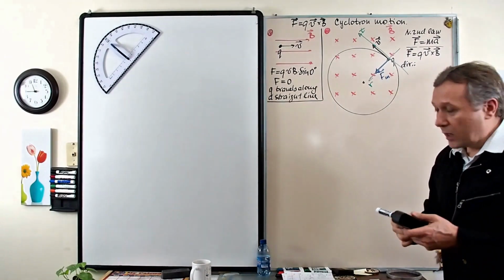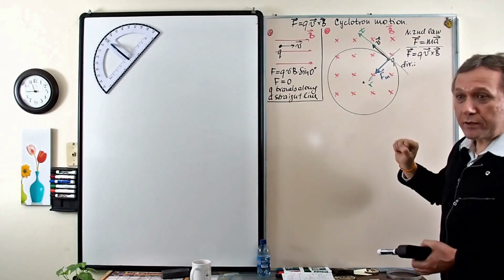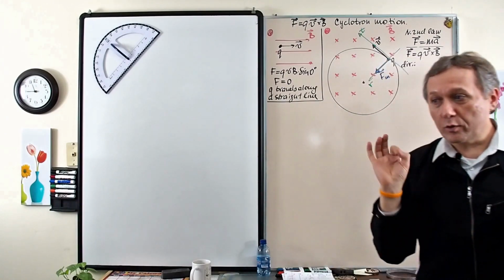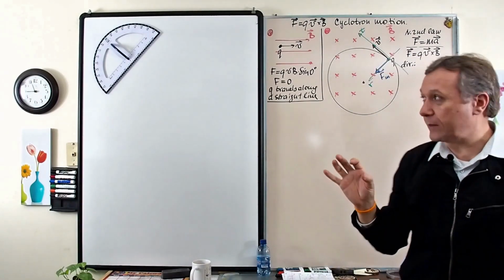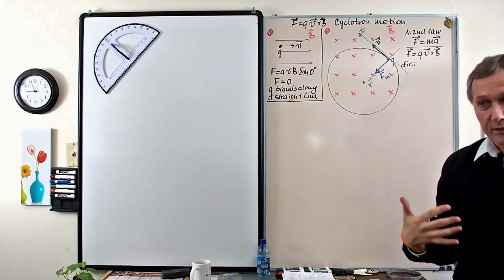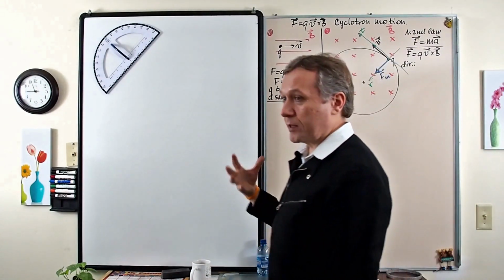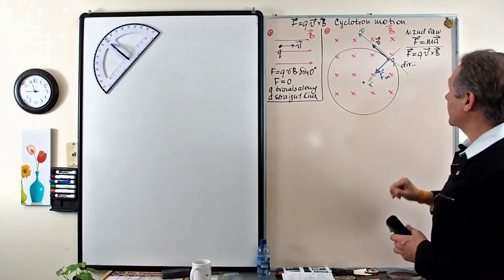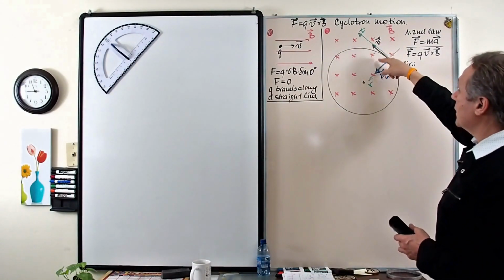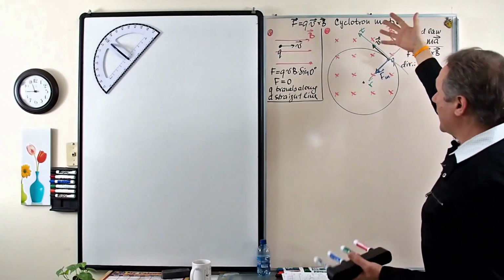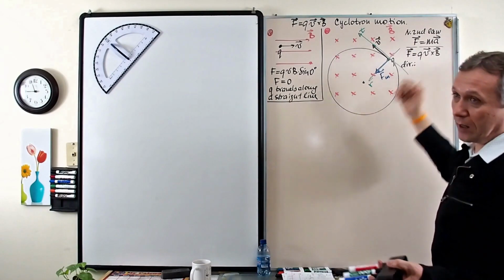Why did we pick the radial axis towards the center? Because our centripetal acceleration is towards the center, and in order to have that acceleration positive all the time, it's better to choose our direction towards the center to make centripetal acceleration positive. Right. Okay, and now with these coordinates, you see again they are perpendicular, like x and y, but in this case we don't use x and y, we use t and r, right?